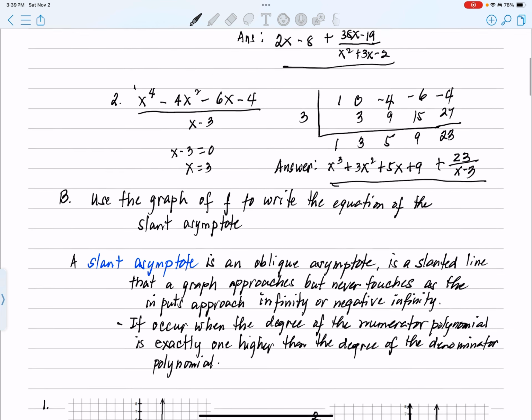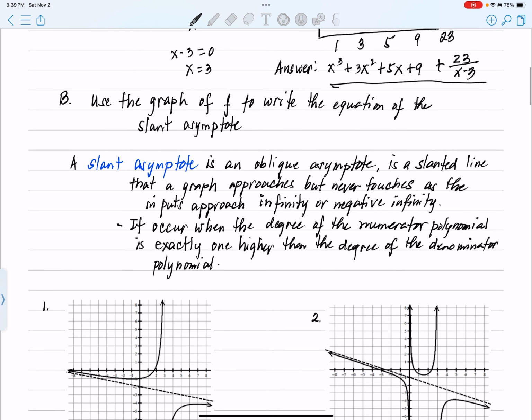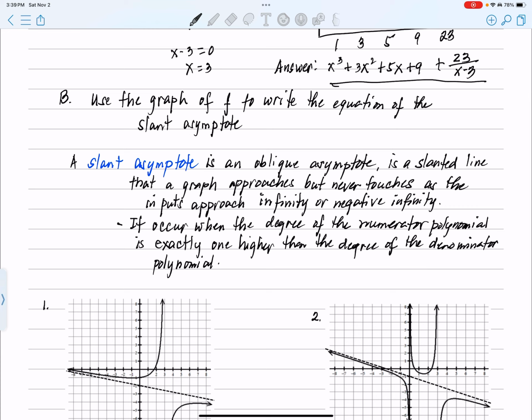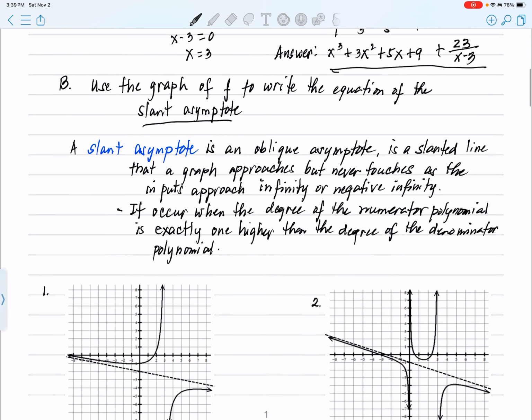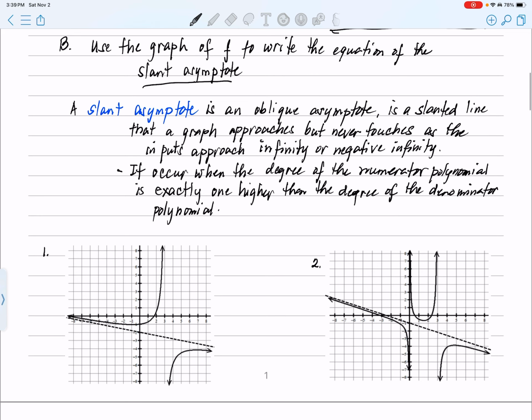Use the graph of f to write the equation of the slant asymptote. I think we talked about slant asymptote in our previous video, but I'm going to review it again. A slant asymptote is like an oblique asymptote because it's oblique to the left or oblique to the right. And it's slanted.